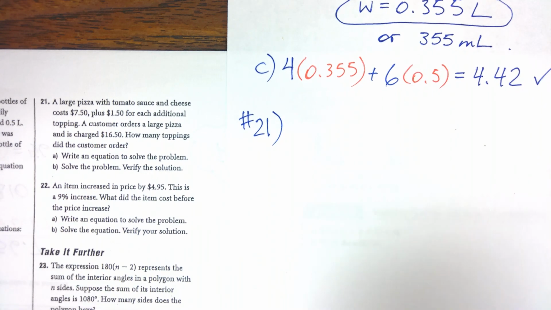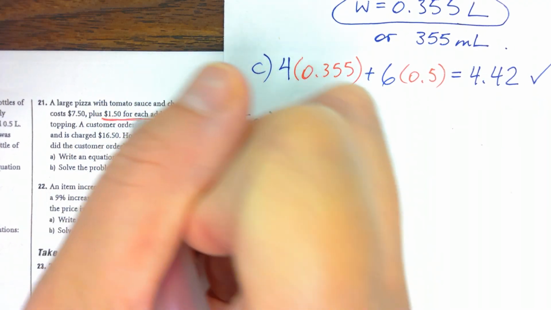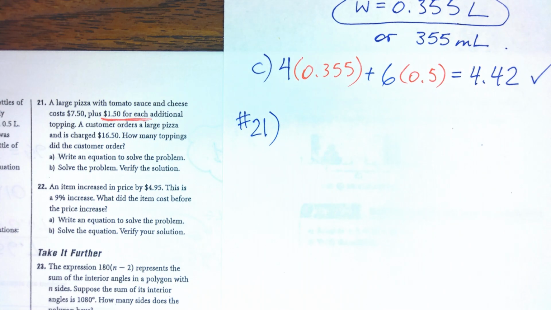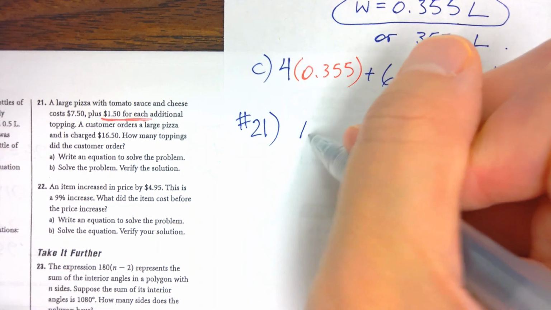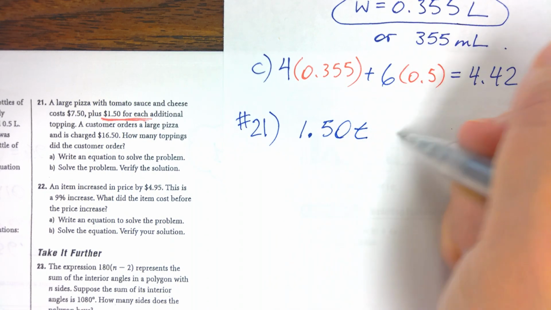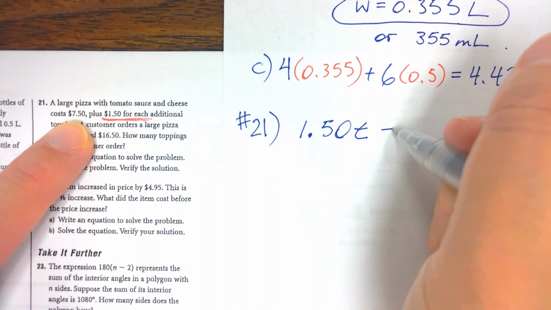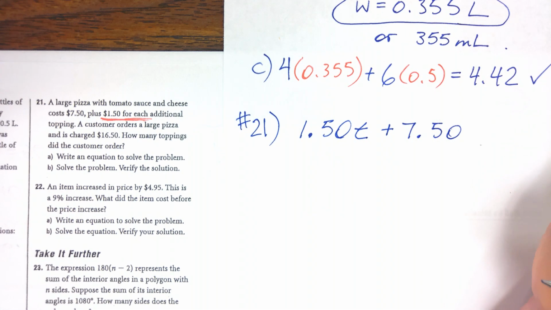$1.50 for each topping. So this part right here, $1.50 for each topping. This tells me that's where I should put my variable. So 1.50 t for topping, and then don't forget the cheese pizza, so plus 7.50.